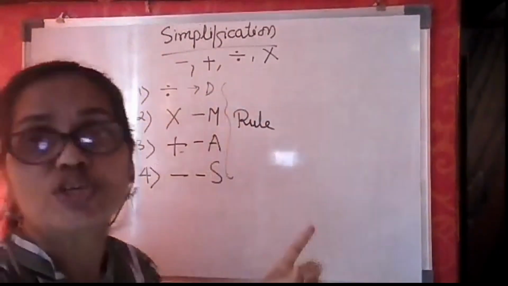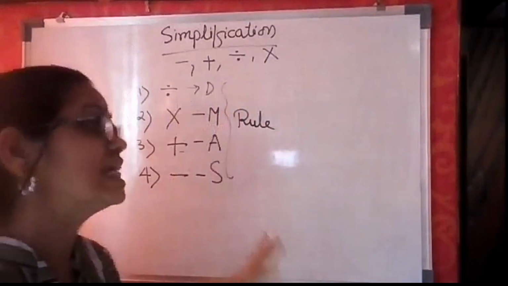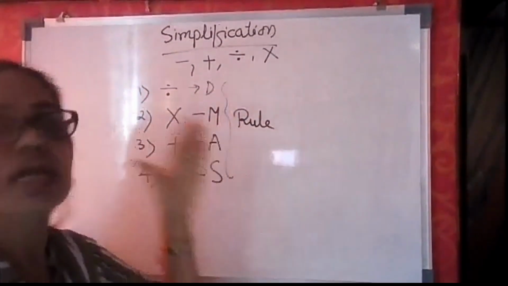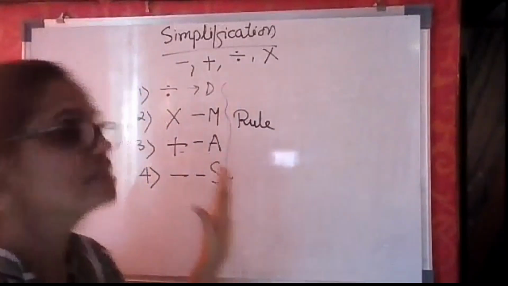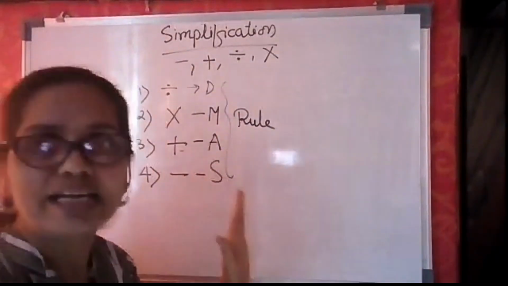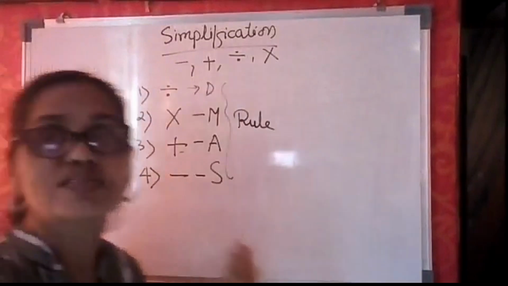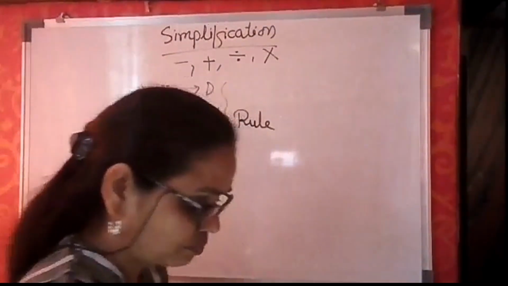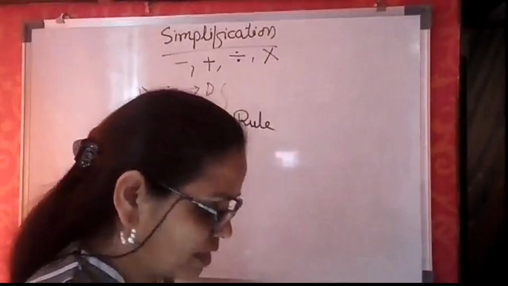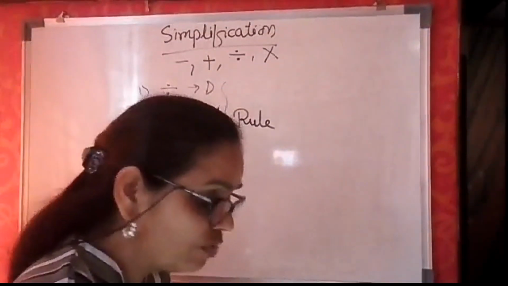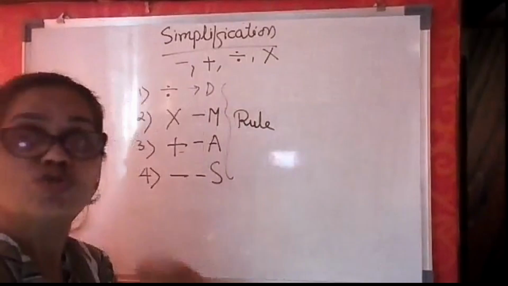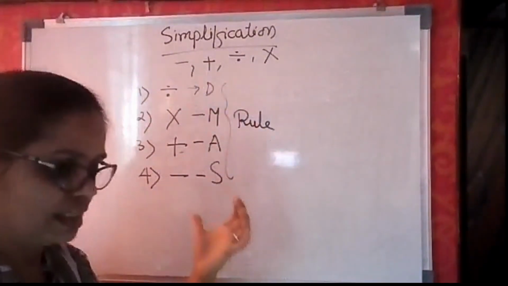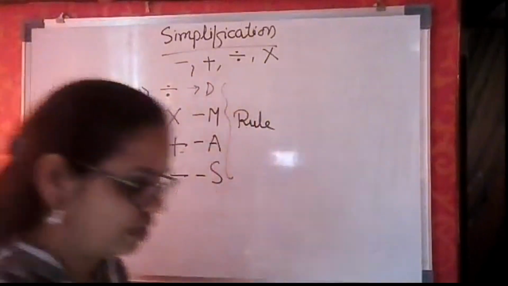So first I am teaching you the sums based on the DMAS rule. DMAS means D stands for division, M stands for multiplication, A stands for addition and S stands for subtraction. So the chain of letters DMAS helps to remember the operations. That is why we are arranging these operations in such a way, right?